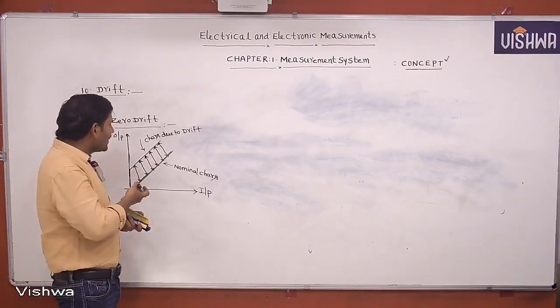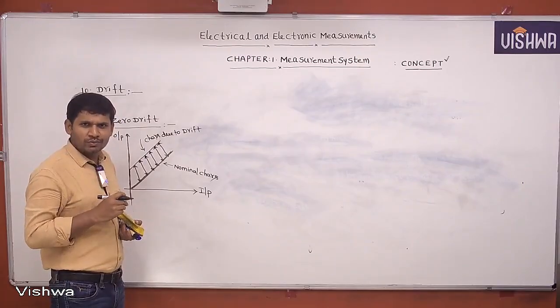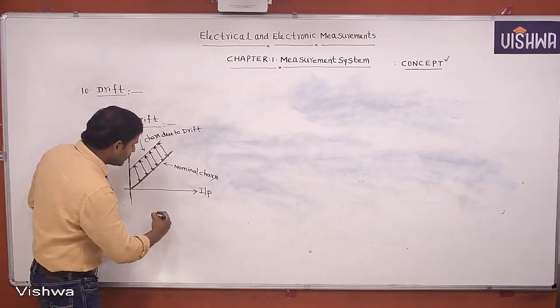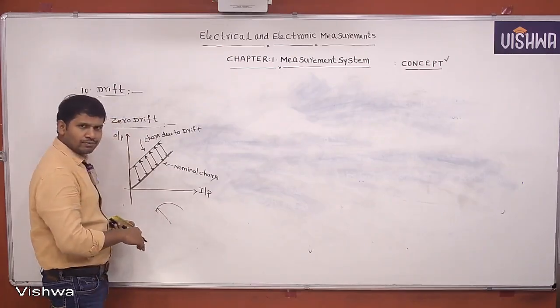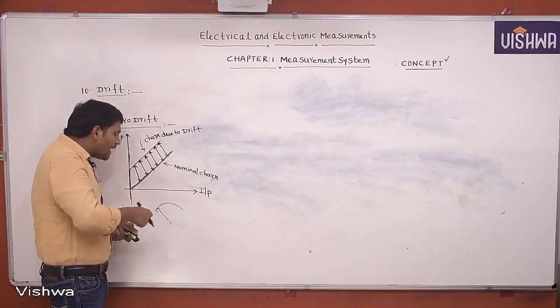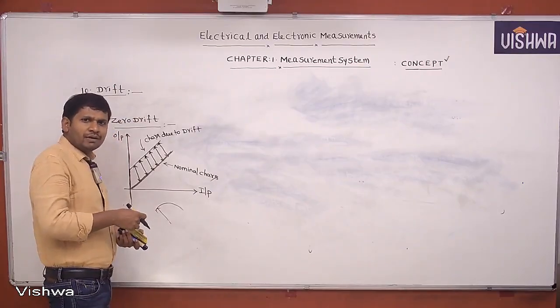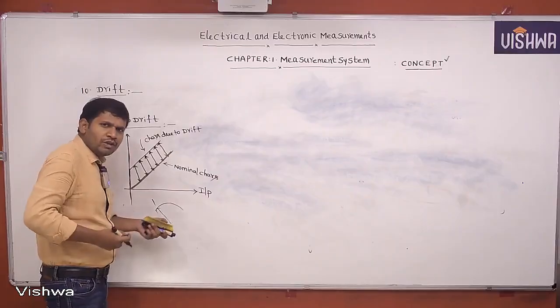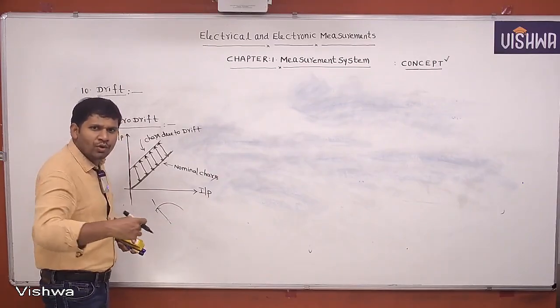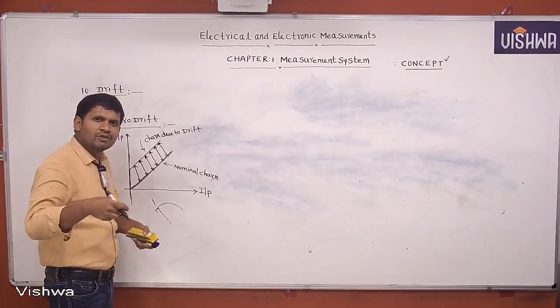This type of characteristic you see even in the laboratory. In some instruments, the meter will not start at 0. It may be above 0 or below 0. Without correcting that, if you start the experiment, let us assume the pointer is already at 1 volt. If you give 0 volts input, the meter shows 1 volt. If you give 1 volt input, the meter shows 2 volts.